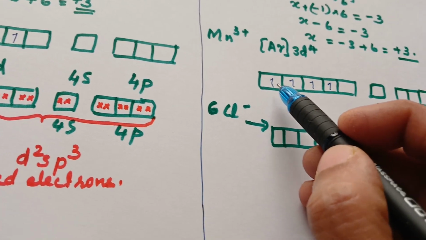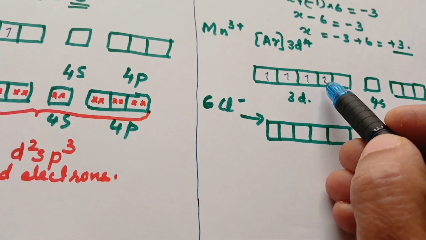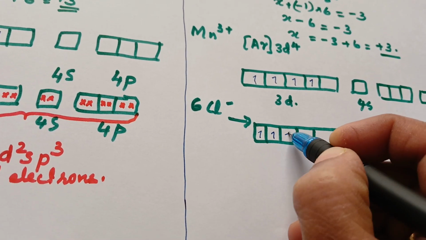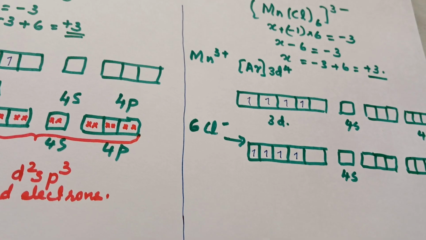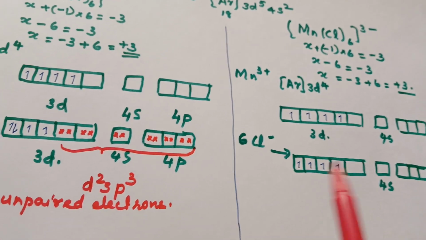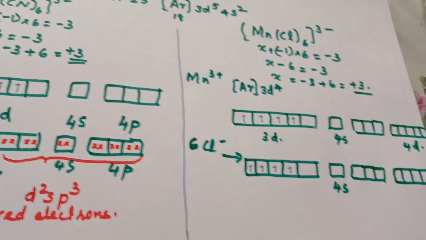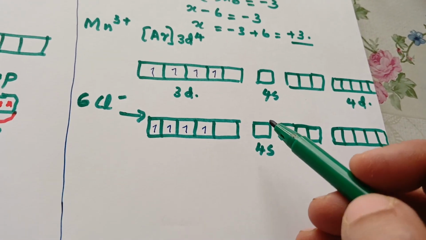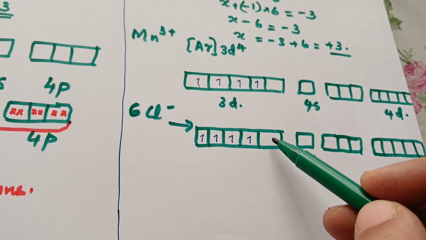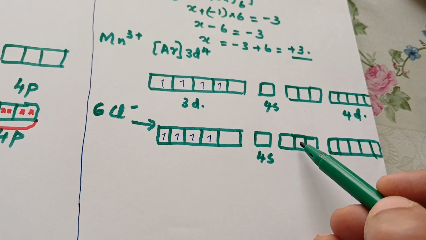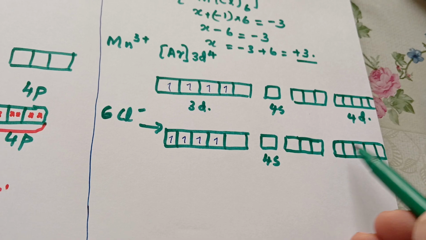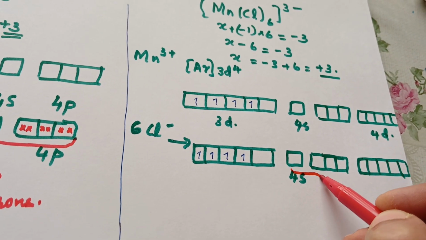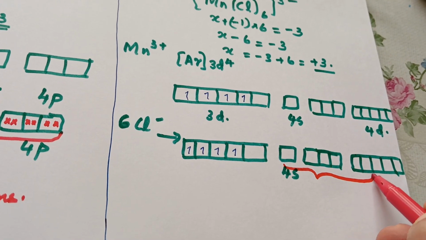So these 4 electrons won't get paired up. These 4 electrons will remain like this only, and 6 chloride ligands have to be accommodated. So how many positions will you need? This is left 1, 2, 3, 4, 5, 6. So it will be sp3d2.